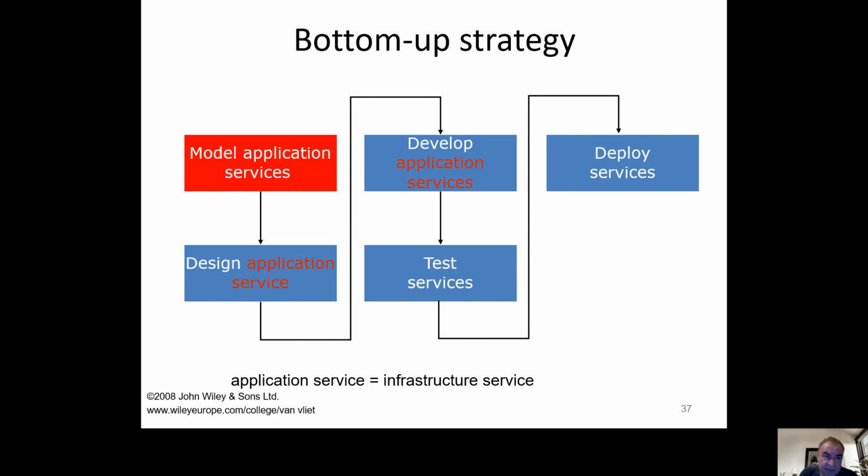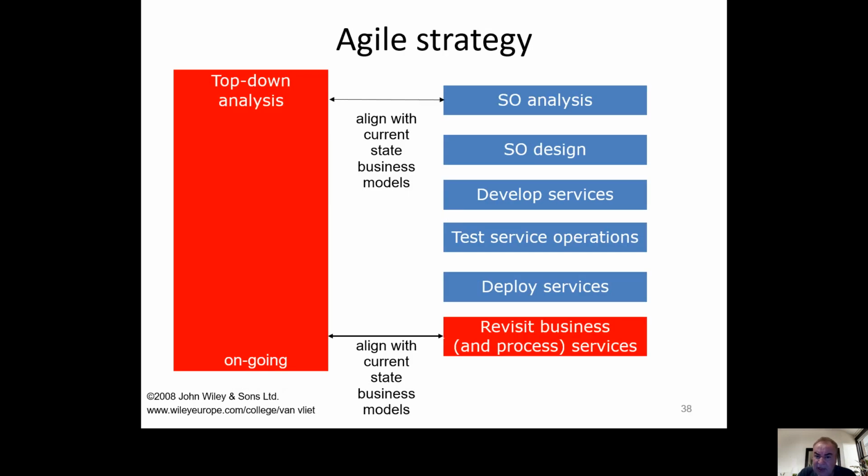Okay, so agile is actually something where we do little things at a time. So whether you do it top down or bottom up, it doesn't really matter. So we always have this service oriented analysis, design, etc. Let's do little things at a time. And that's actually, as I said, not that important.